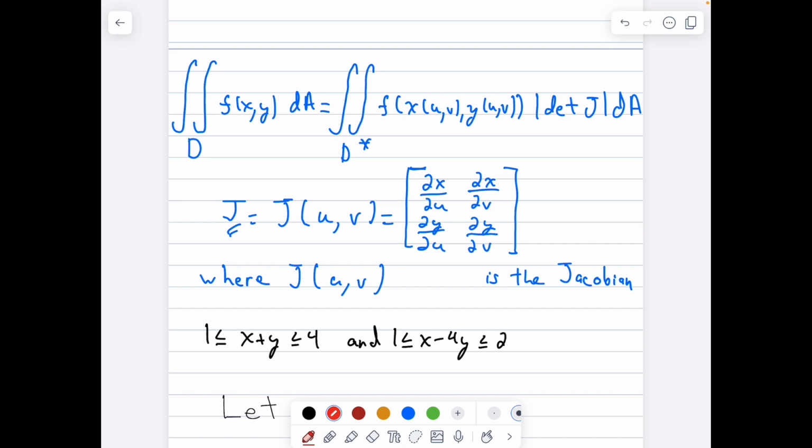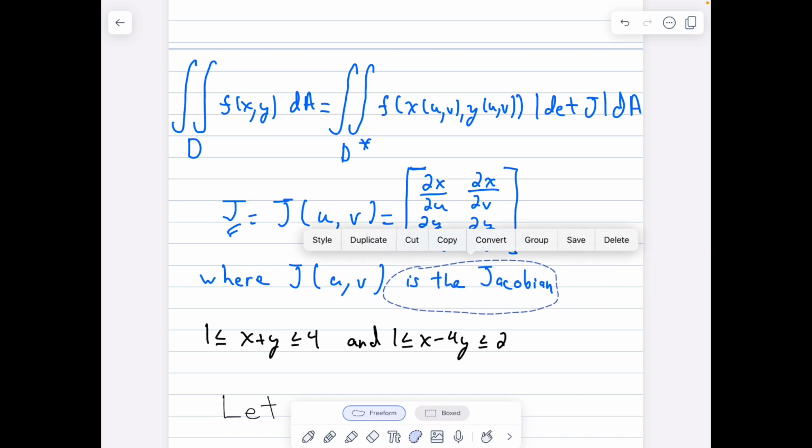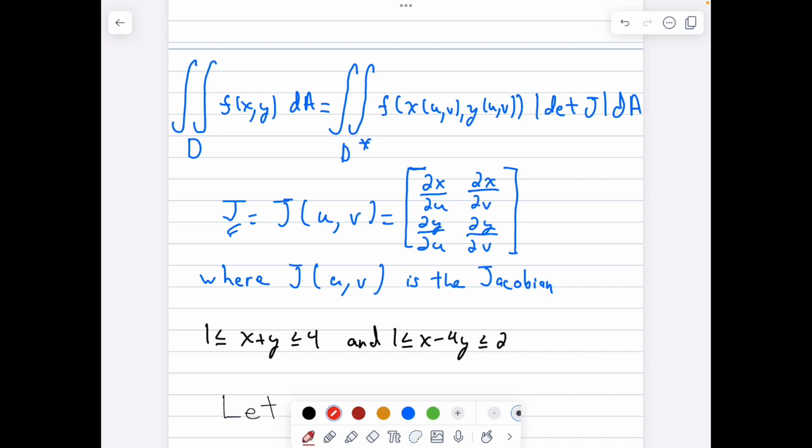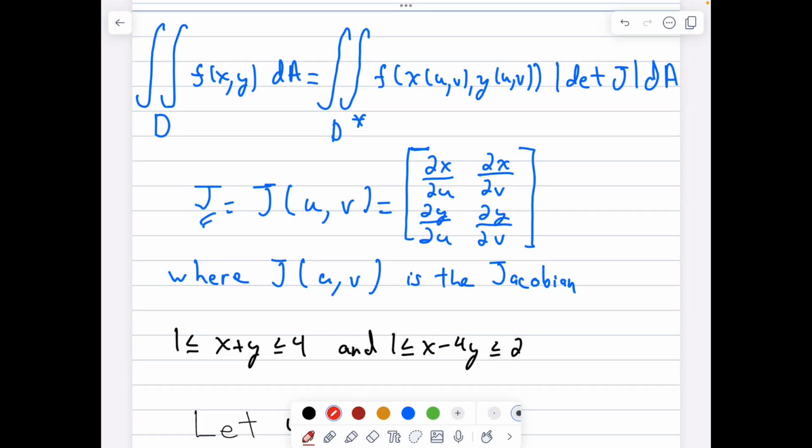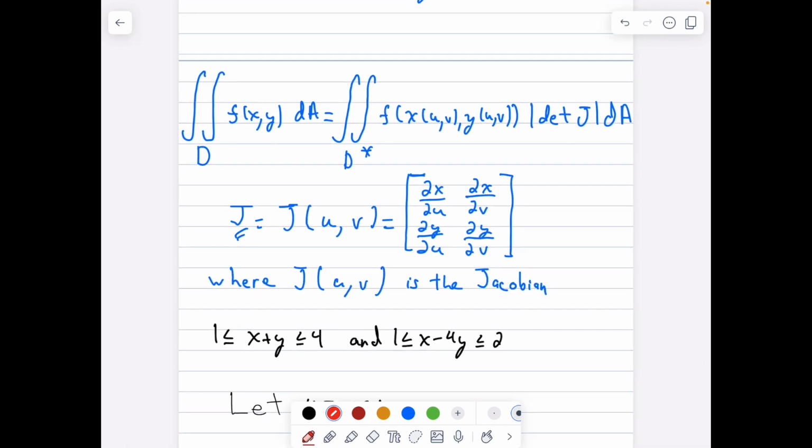The Jacobian is basically the partial derivatives, with respect to our independent variables u and v, of our dependent variables x and y. So we create these functions here, and that's the linear transformation. With this linear transformation, x and y are equal to something in terms of two other variables, u and v.